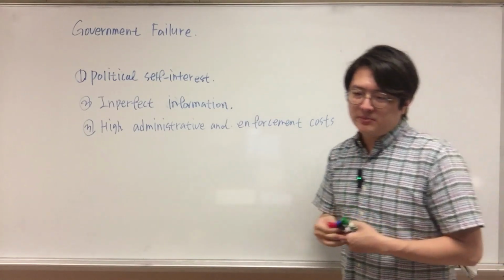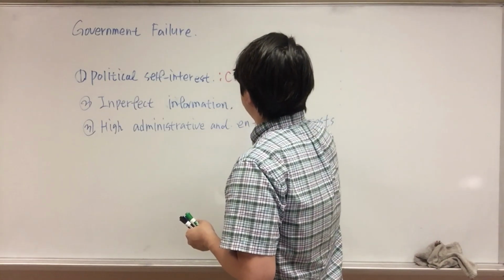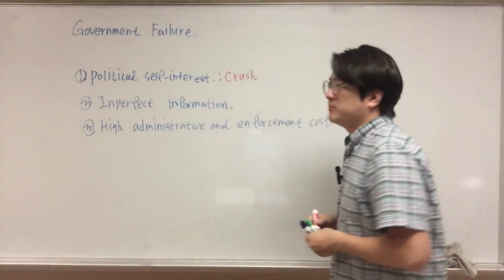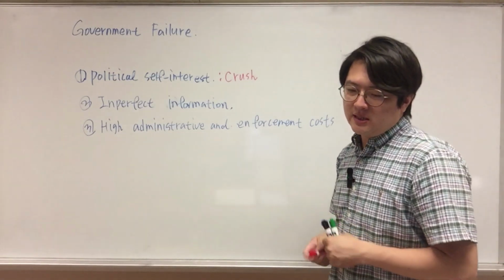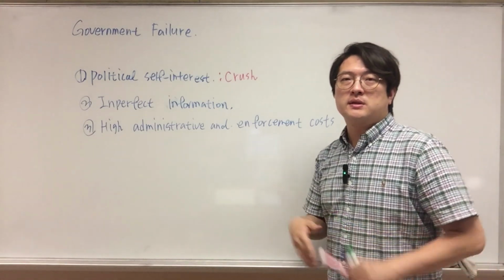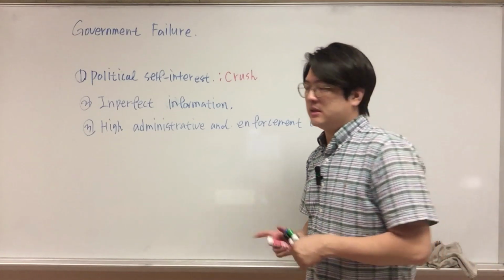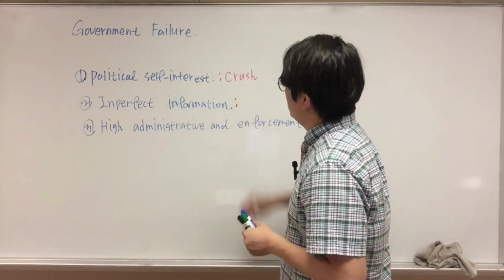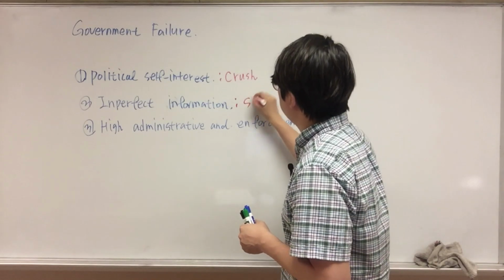Political self-interest can crush a policy, even though it is a good policy, right? And the second one is imperfect information. Okay, this one is a kind of asymmetric information. So as you know, this kind of asymmetric information causes side effects.